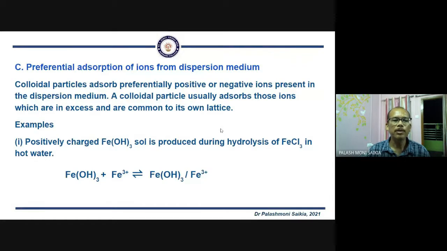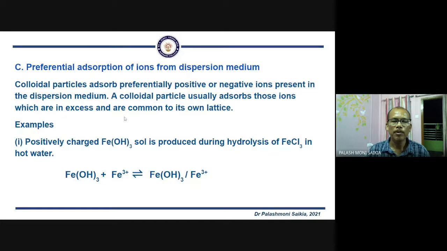Then the most important theory that explains the origin of charge in colloid is the preferential adsorption of ion from the dispersion medium. So the colloidal particles of the dispersed phase adsorb a particular type of ion preferentially from the medium and acquire a particular charge.